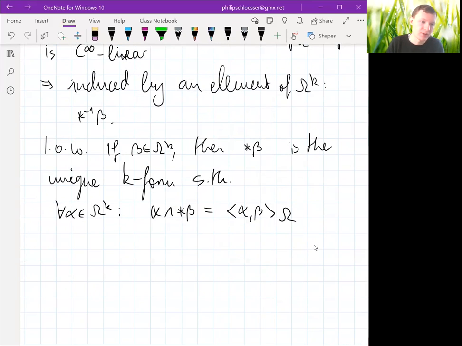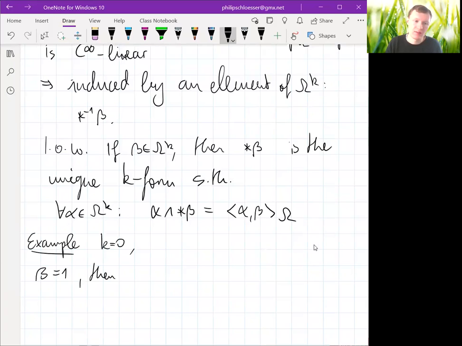And I guess we can do one small example, namely k is equal to 0. Then we take, for example, beta is equal to 1. And then if alpha is another 0 form, i.e. a function, we have alpha wedge star 1 is equal to the inner product of alpha and 1 times omega.